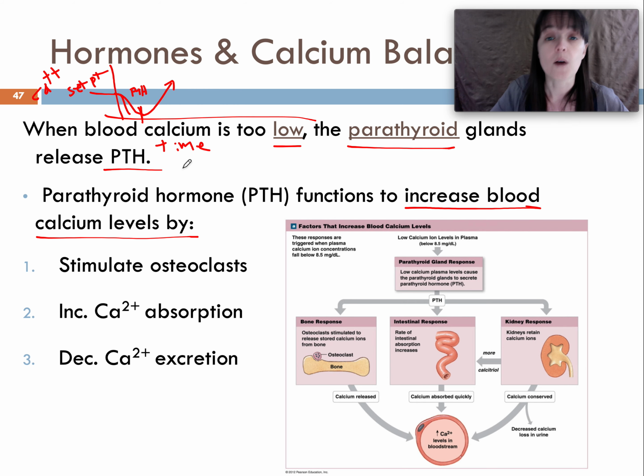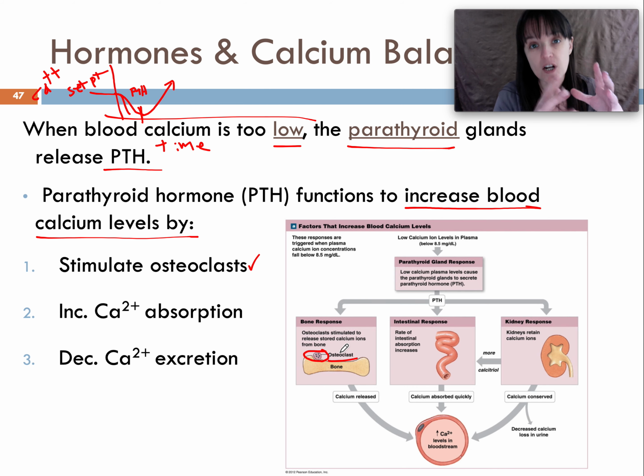Okay, so how does parathyroid hormone increase blood calcium level? It stimulates osteoclasts. You may recall from a previous video that osteoclasts are the destroyers, like that. So they're giant multinucleate cells. Multinucleate means they have more than one nucleus, in this case lots. They have lots of nuclei. And what do nuclei do?